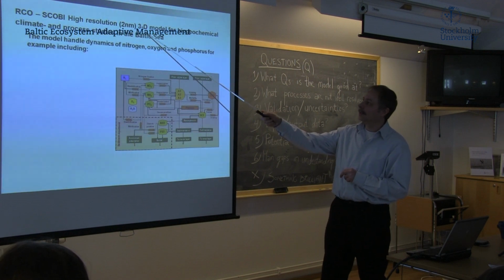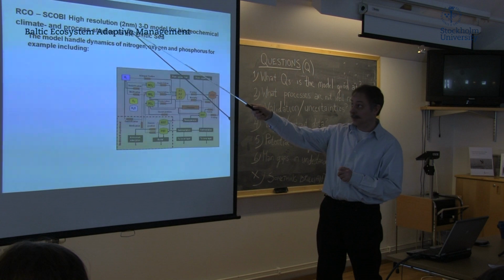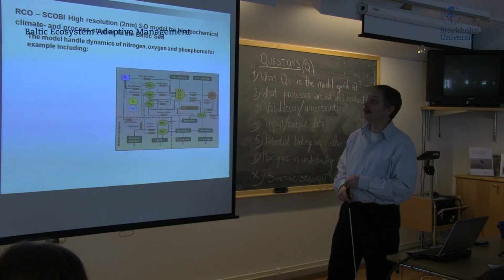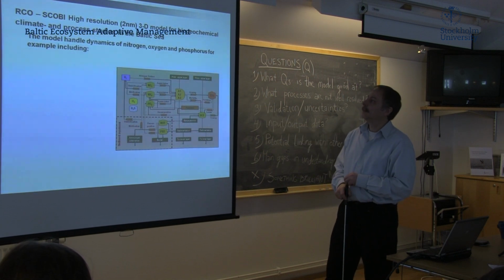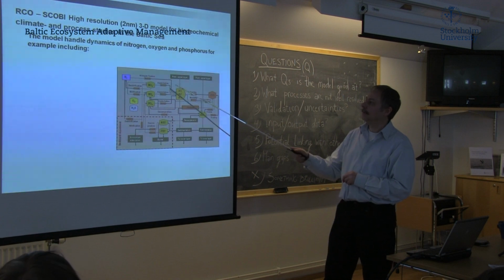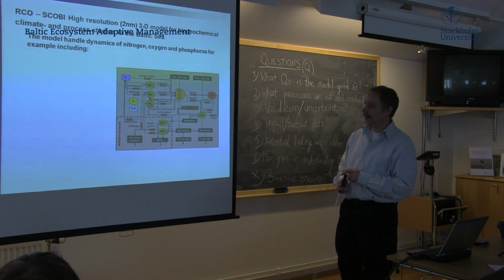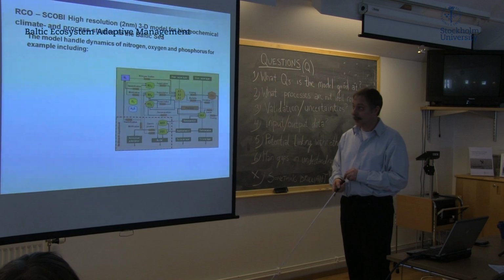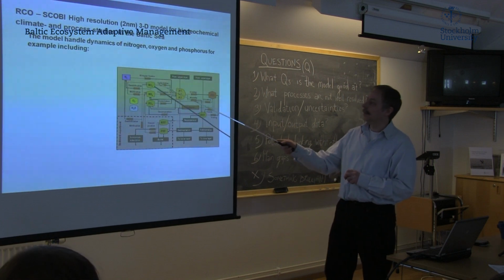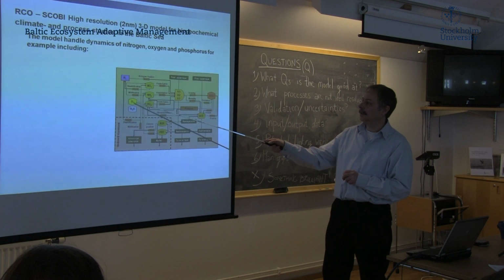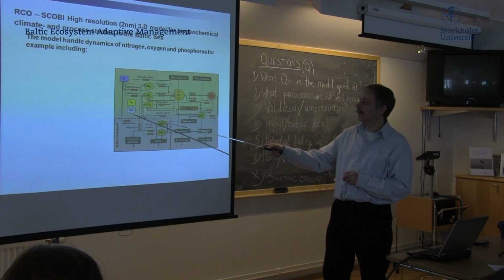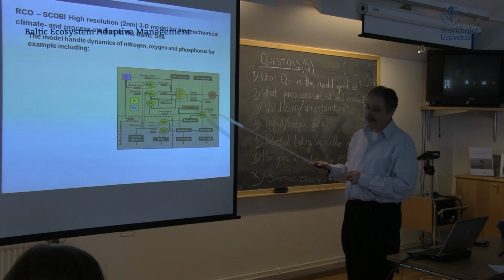It's a 3-dimensional model based on a 2 nautical mile horizontal grid, and here you have the state variables that I have discussed already. So state variables are nitrate, ammonium, phosphate, oxygen, negative oxygen, hydrogen sulfide, autotrophs, zooplankton.